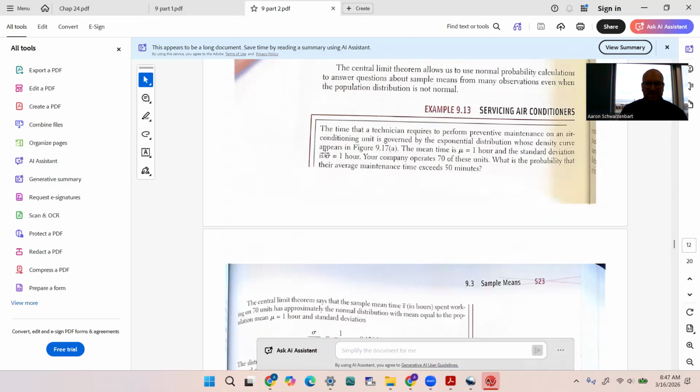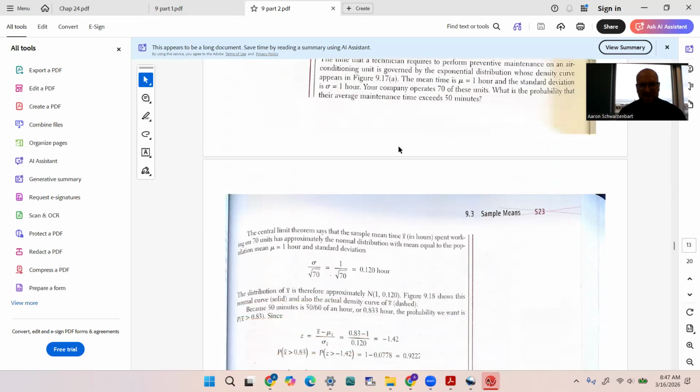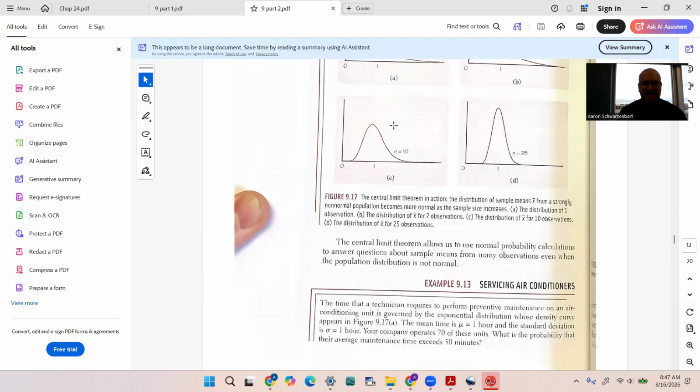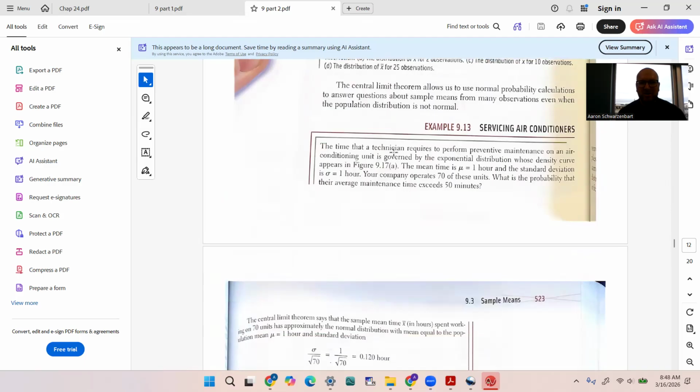So the time a technician requires to perform preventative maintenance on an air conditioning unit is governed by the exponential distribution whose density curve appears in figure 19.7a. That's this one back here. With mean time 1 hour and standard deviation also 1 hour.